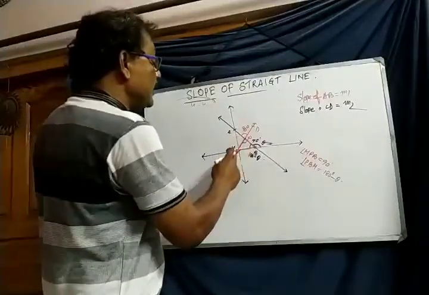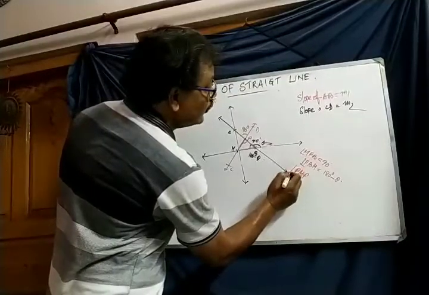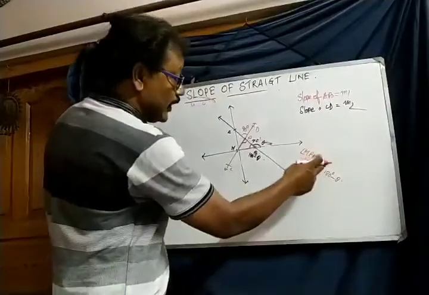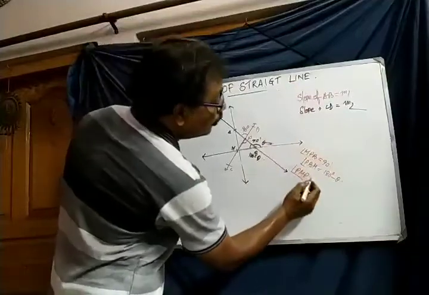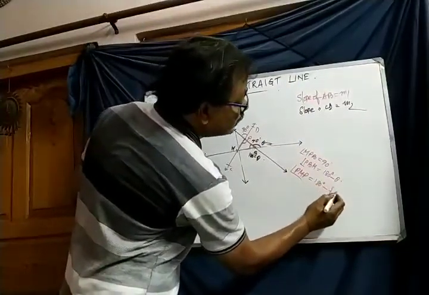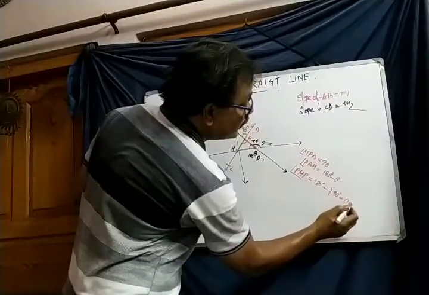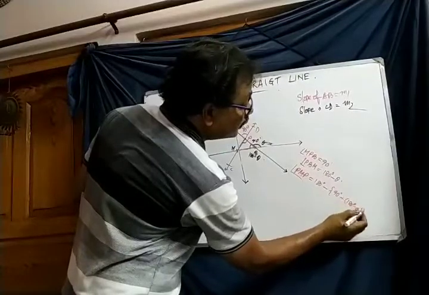Therefore, angle PMB is equal to 180 degrees minus 90 degrees plus 180 degrees minus theta.